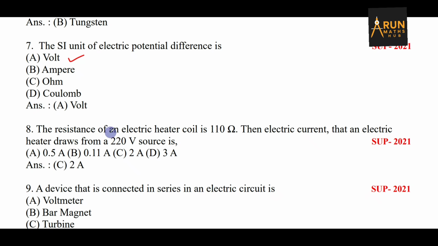The resistance of an electric heater coil is 110 ohms. The electric current that an electric heater draws from a 220 volt source is? So, the voltage is 220 volts. Resistance is 110 ohms. Now we need to find out current.